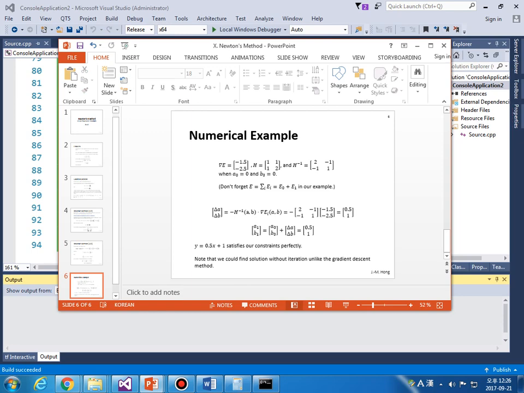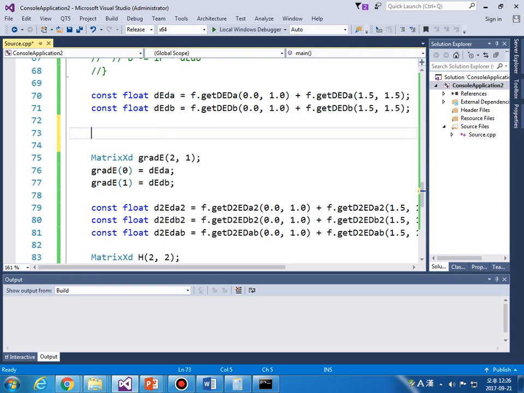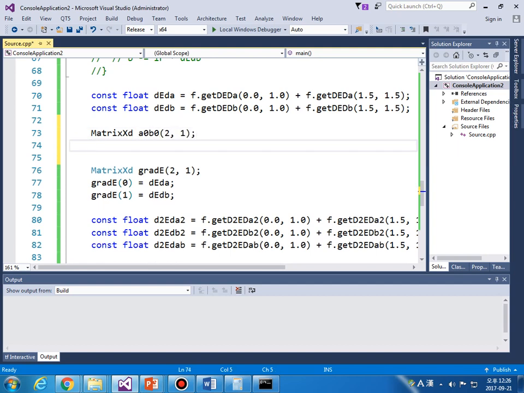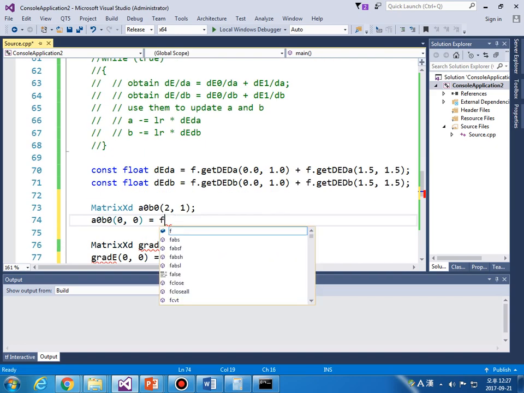Okay, so A0, B0. We also need a matrix XD A0, B0 to 1. So A0, B0. Column is linear hypothesis. Where is F dot A?